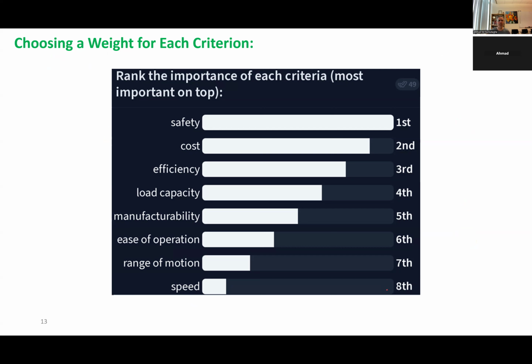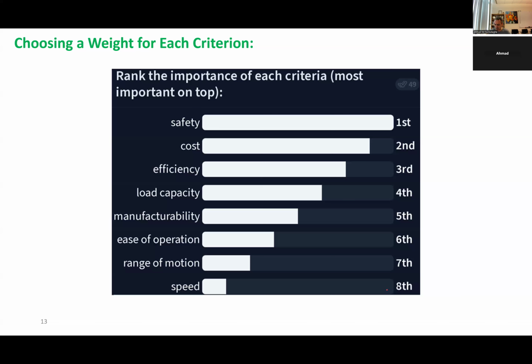If you don't have such people available, maybe you can ask people with experience, or maybe other team members, or some public that know a little bit about a design. So this is the result. According to these 49 experts, safety was the most important criteria, their second most important was cost, and so on, and speed was the least important.